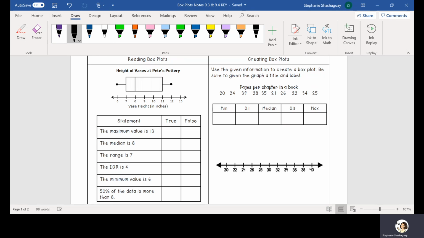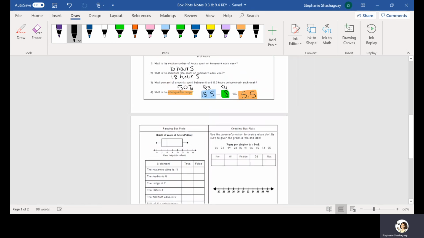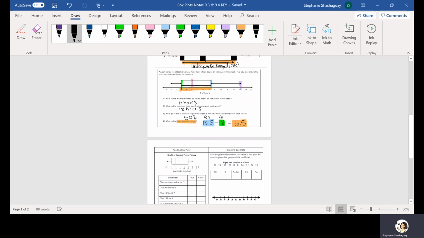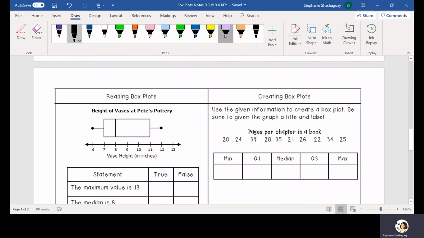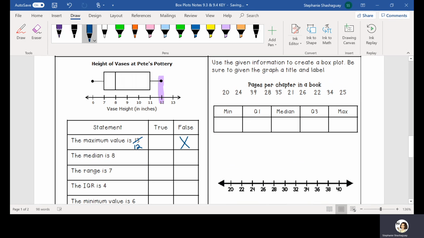So it says the maximum value is 13. Well, no, our maximum value, I'm sorry, I'm just trying to make sure that we keep highlighting by the same color. So the maximum is purple, okay? So my maximum value here is 12. With a maximum value of 12, I know that this statement is false because it should say 12.